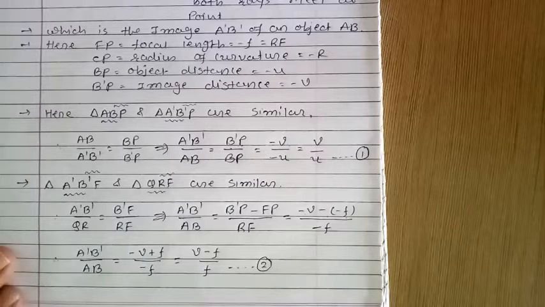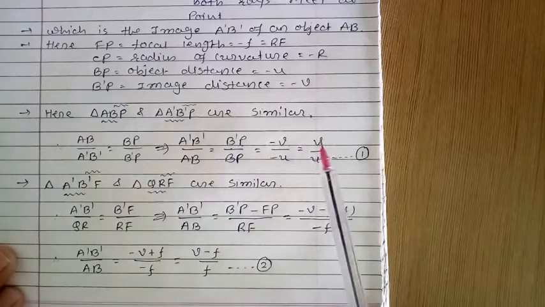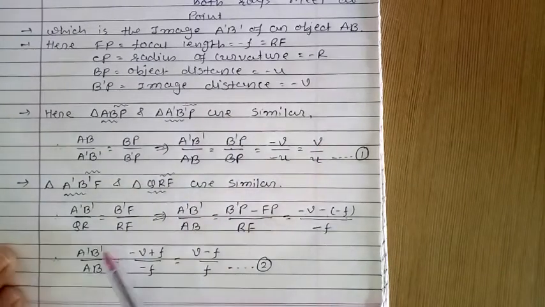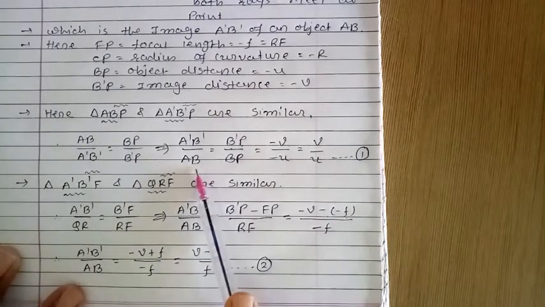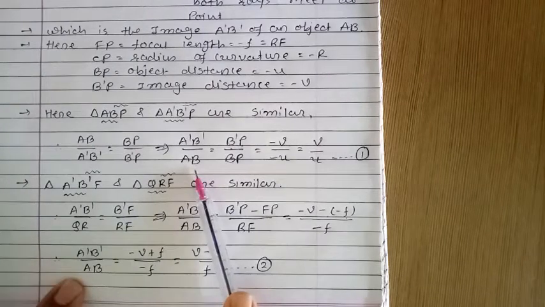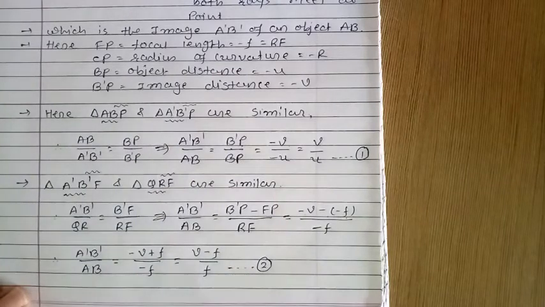Here you can see that in equation 1, A dash B dash upon AB is equals to V by U, and A dash B dash upon AB is equals to V minus F upon F. The left hand sides of equations 1 and 2 are same, so we can compare the right hand sides.